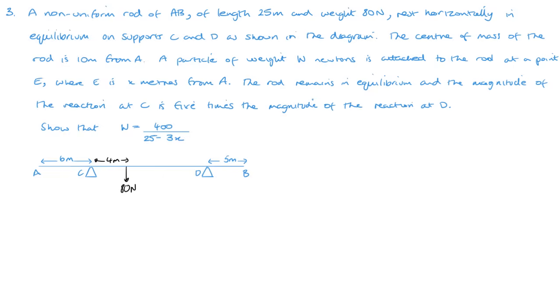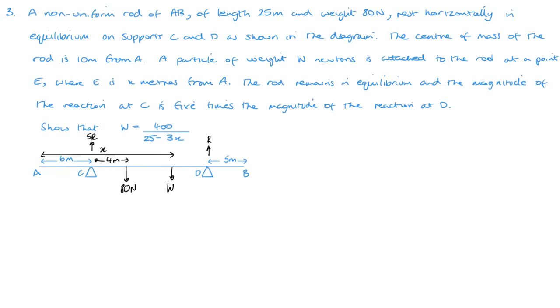A particle of weight W newtons is attached to the rod at point E, where E is X meters from A. So we've got a rod here with a particle of W, and this is going to be, if I draw a line, X meters from A. The rod remains in equilibrium and the magnitude of the reaction at C is 5 times the magnitude of the reaction at D. So if D is R, C is 5R.